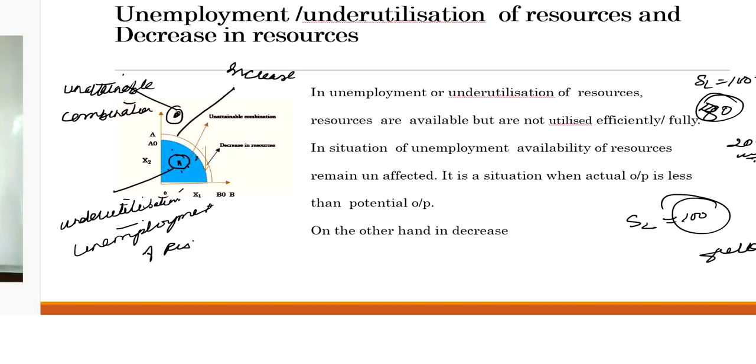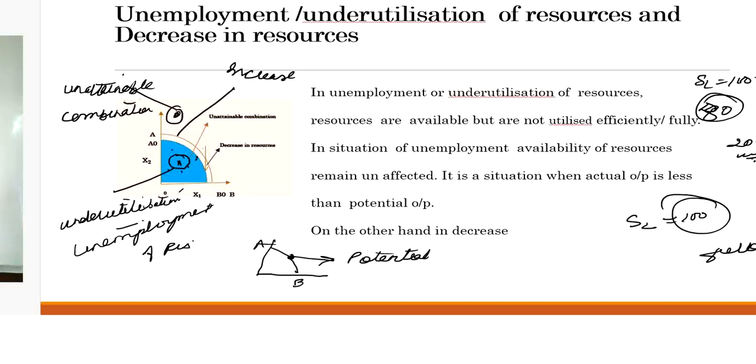One more thing, there are 2 points. This is the potential level of output, which means you can produce maximum up to this AB curve, because it will indicate fuller utilization.